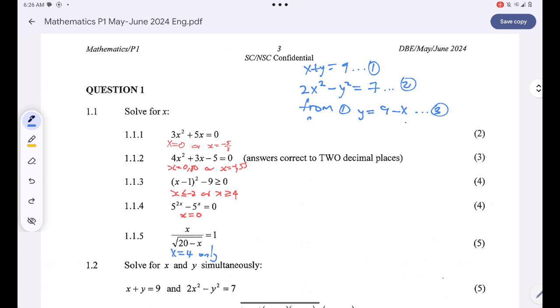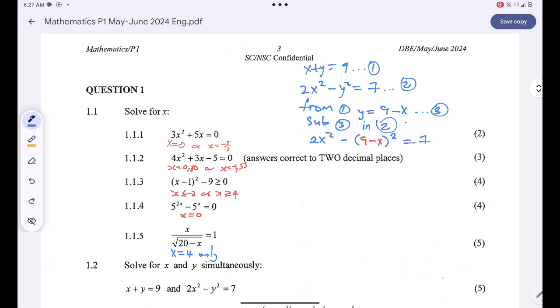So we just need to substitute equation 3 in the other equation. We'll end up having 2x squared minus y squared. Remember that y is equal to 9 minus x, but it's squared. Then I have 7 on the right hand side.